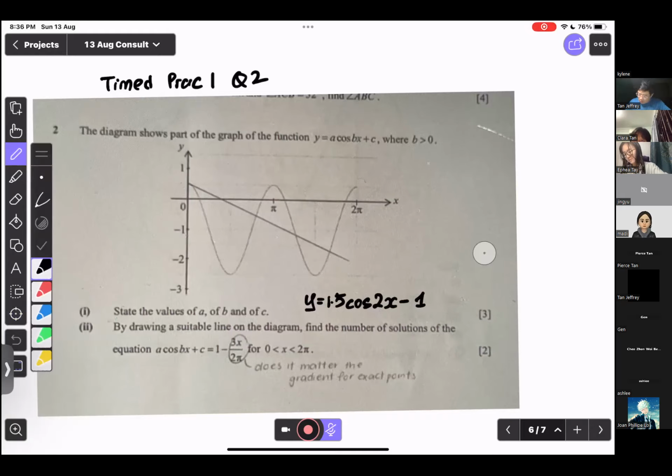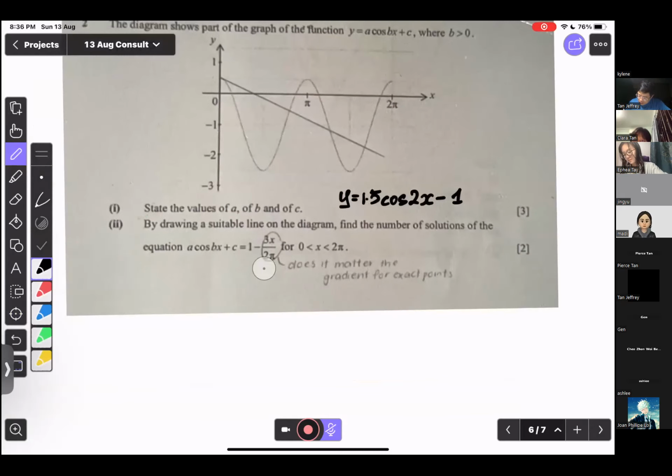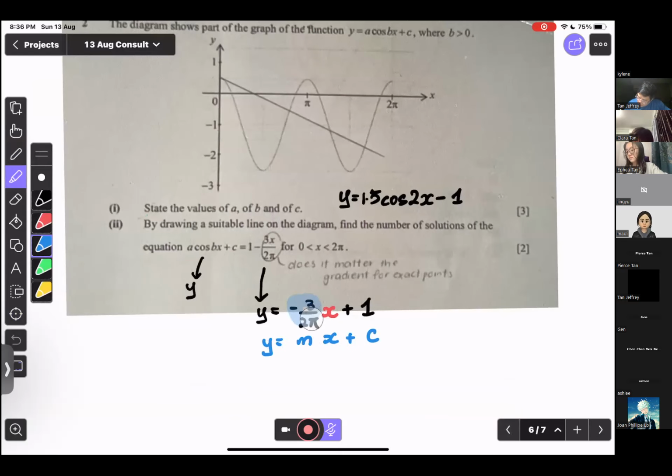Because if you think of this, this is your first equation that you draw. This is the second curve that you draw. This is like y equals negative 3 over 2 pi of x plus the y-intercept of 1. You think of it like y equals mx plus c. So this is actually the gradient.